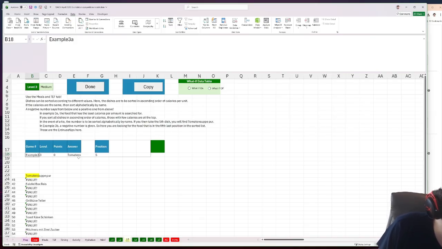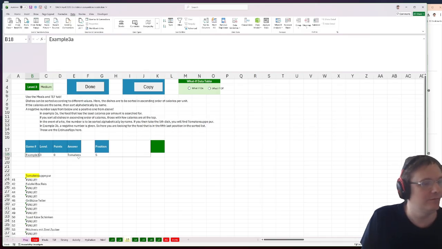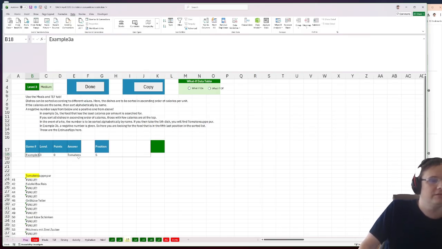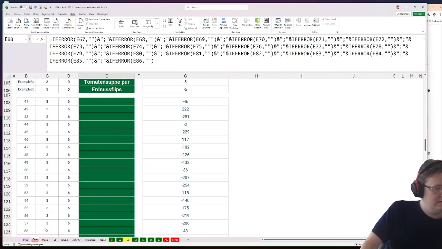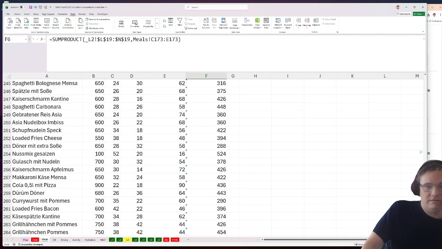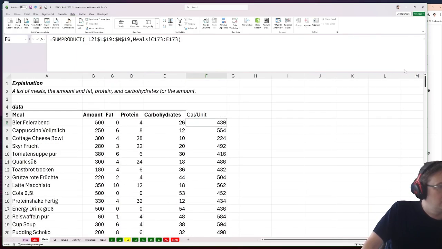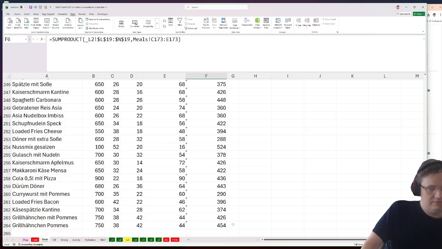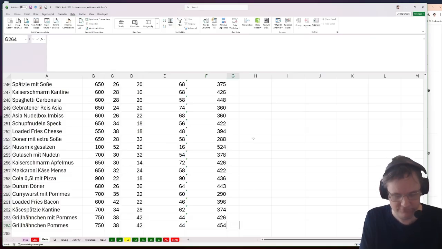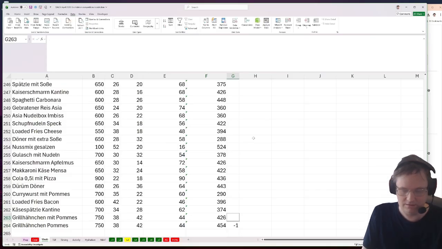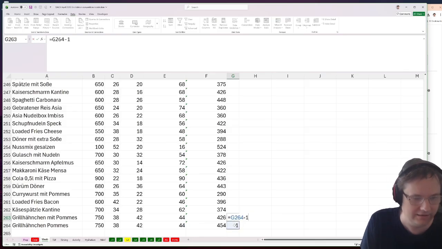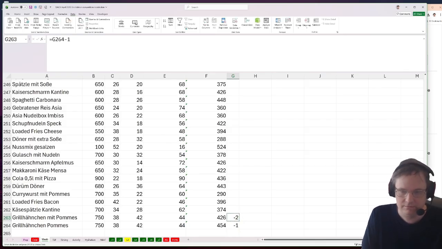If you sort all the dishes in ascending order, those with fewer calories are on top. So how is a negative number given? Here you're looking for the food that is the 5th last position in the sorted list. All right, fine. Okay, so here are the meals, right? So this is -1, right? And this -1, yeah, okay.